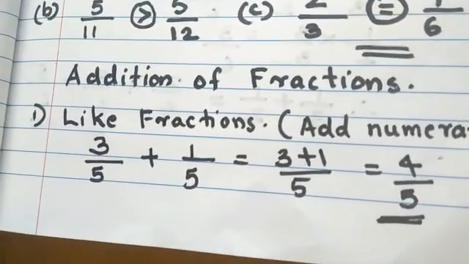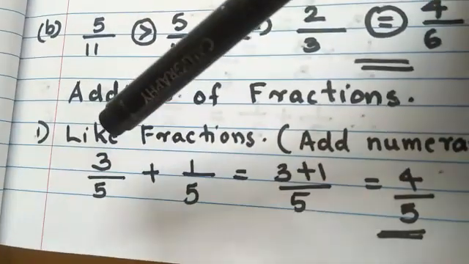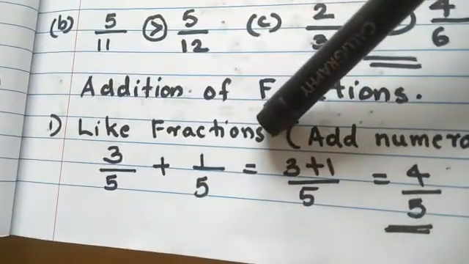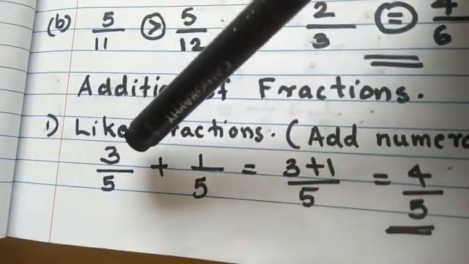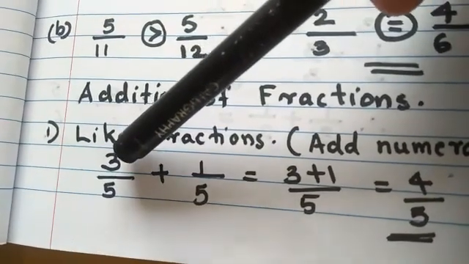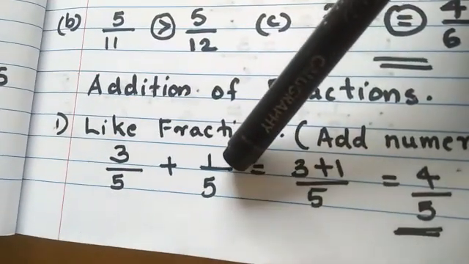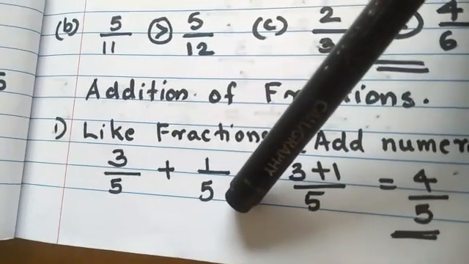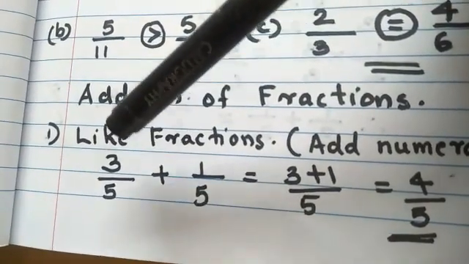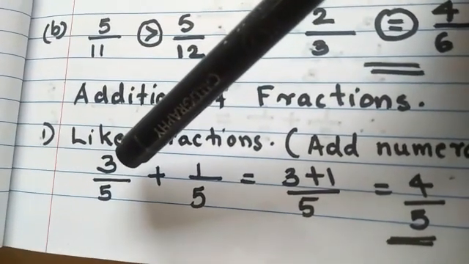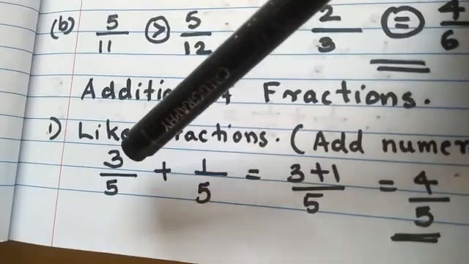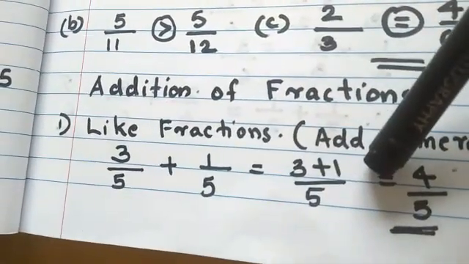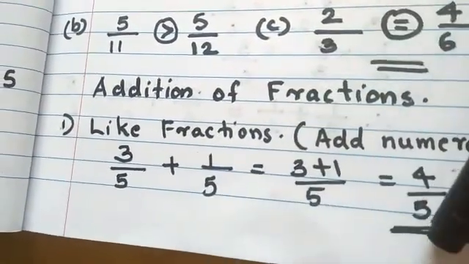Next is addition of fractions. With like fractions, no problem to solve, because in the case of like fractions, the denominators are the same. So we can add easily. Numerators only we have to add. 3 plus 1, 4 by the same denominator.